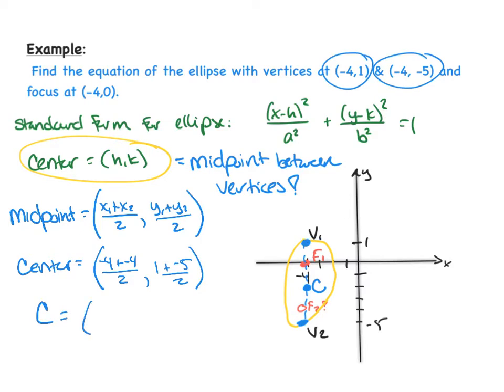So that will give us -8 over 2 is -4, and -4 over 2 is -2. So our center must be at -4, -2.